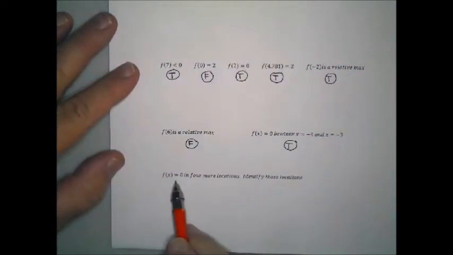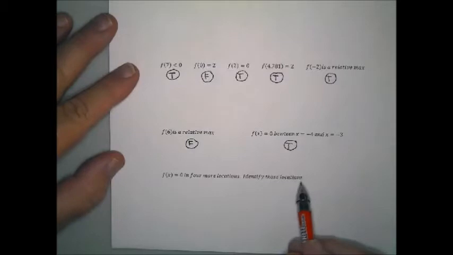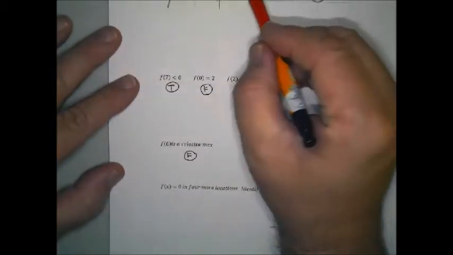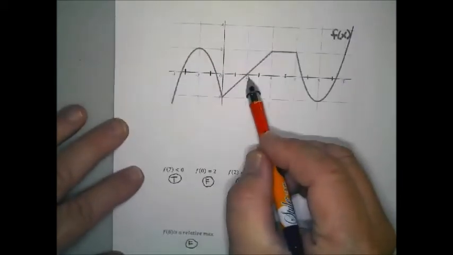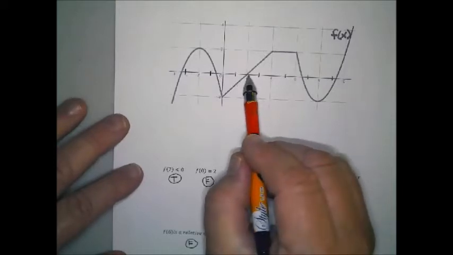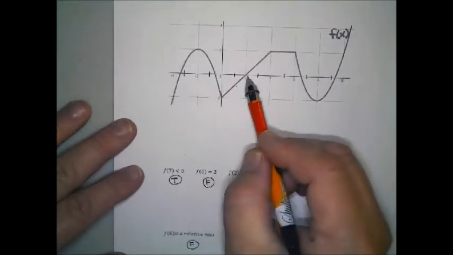Now the last question, f of x equals 0 in 4 more locations. Identify these locations. Well, we've already located f of 2 equals 0 right here. So that's what the question is saying, in 4 more locations. So what are the other 4 locations where the solution to this f of x function is 0?